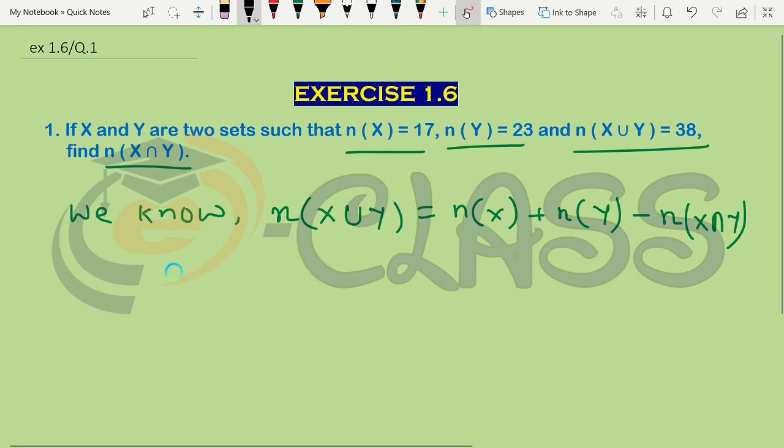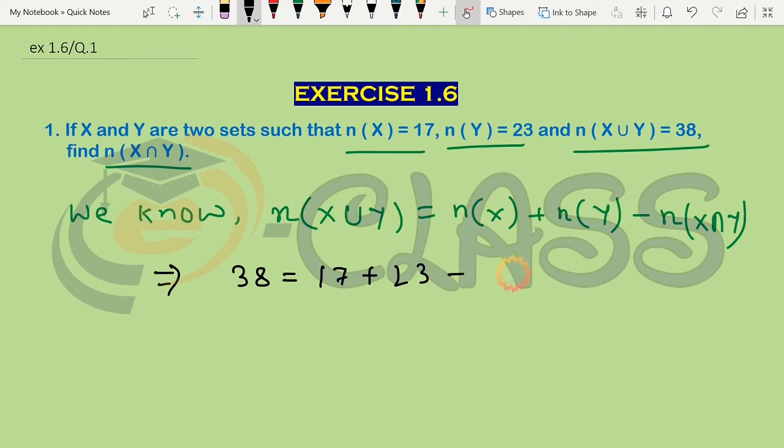Now n of X union Y is 38, given, equals n of X, 17, plus n of Y, 23, minus the value we have to find. After calculation we get 38 equals 40 minus n of X intersection Y.